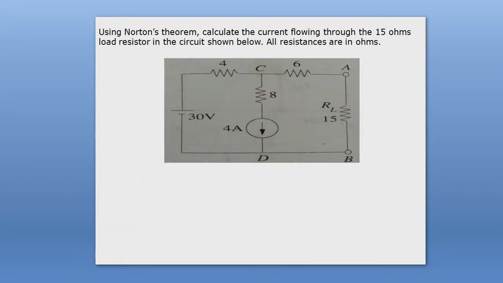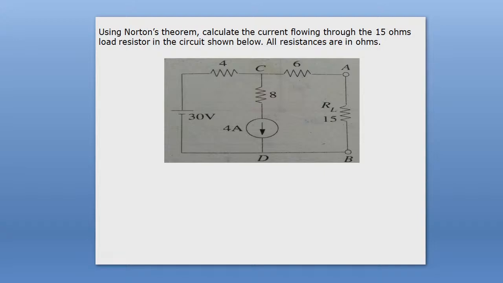Okay, so you see the circuit for the present problem. The circuit consists of two sources. One is current source and another one is voltage source.